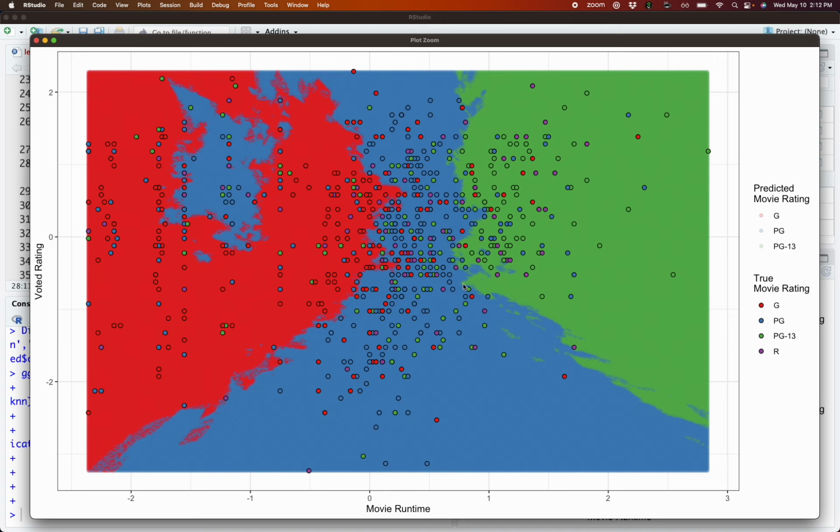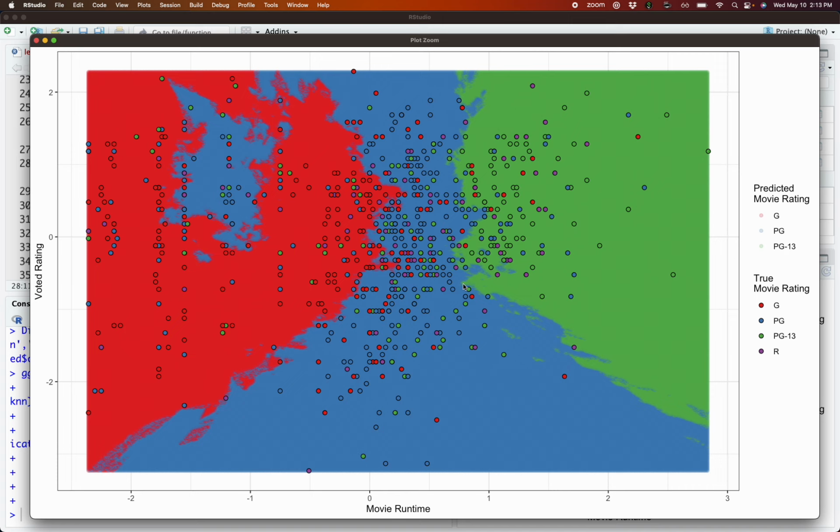We're looking at how the movie runtime and the rating of the movie correlate to the certificate, in other words the movie rating, so G versus PG, PG-13 and R. This plot looks pretty different from our multinomial logit and our linear discriminant analysis (LDA) models, which both need to have essentially straight boundaries, an artifact of the form of the model.